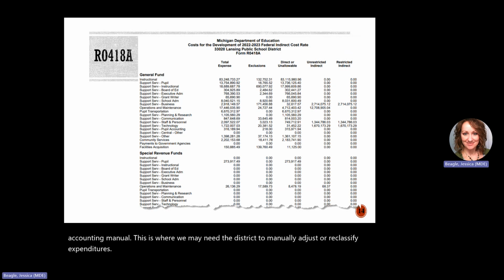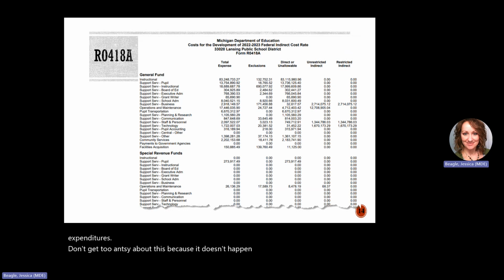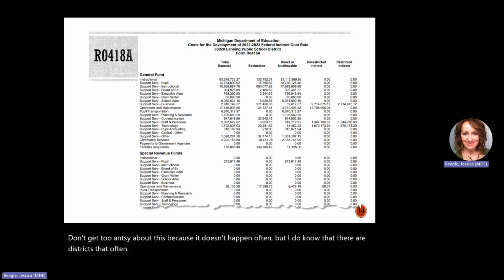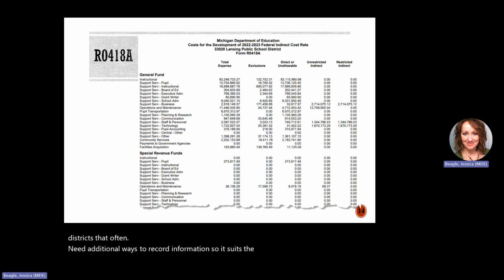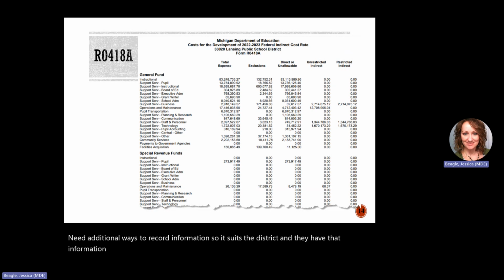Don't get too antsy about this because it doesn't happen often, but I do know that there are districts that often need additional ways to record information so it suits the district and they have that information readily at hand. And that doesn't always align with our accounting structure. So we need to think about that when we're looking at these costs.